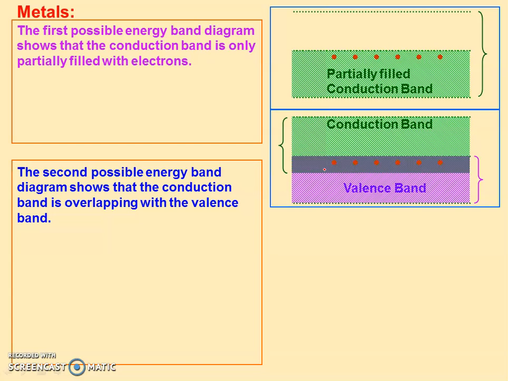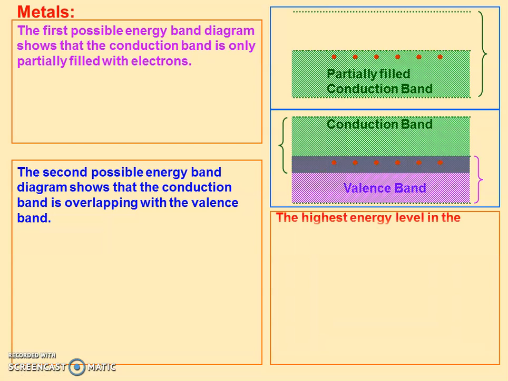So the material in which the conduction band overlaps on the valence band, or there is a very small energy gap between conduction band and valence band, are called metals, right?